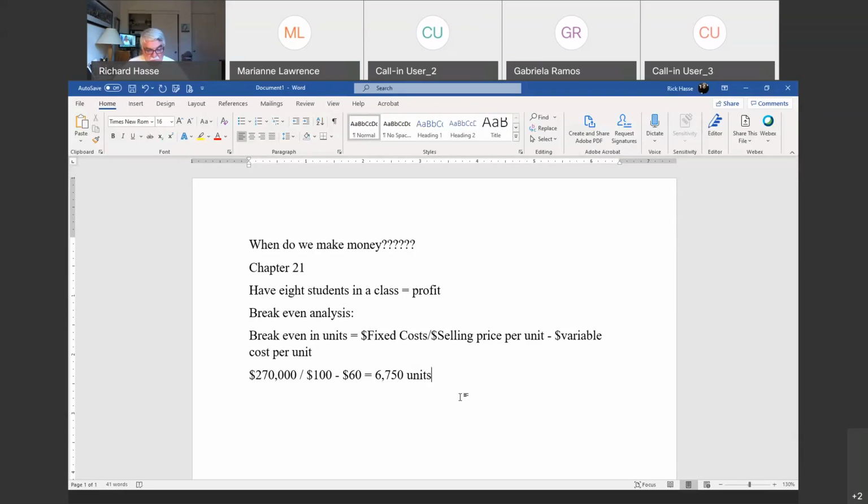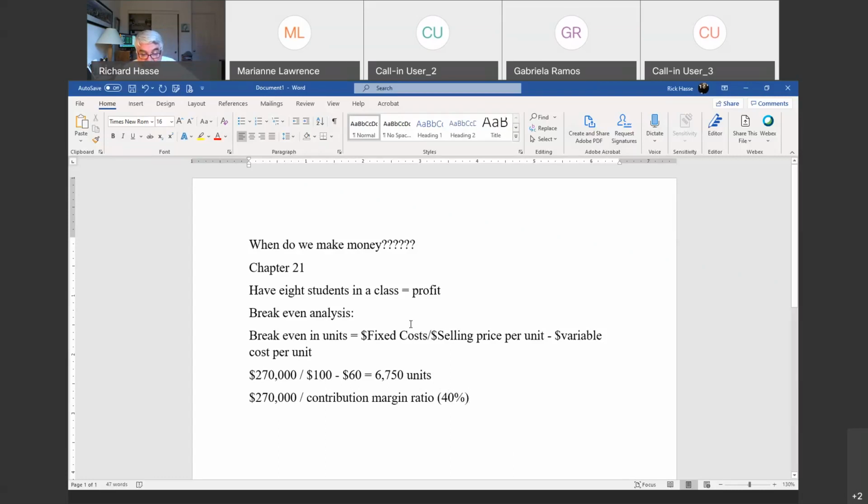What would be the break-even point in dollars? It would be fixed cost, $270,000, divided by what is called the contribution margin ratio. What is the contribution margin ratio? The contribution margin in this example is $40. $40 is what percent of 100? 40%.